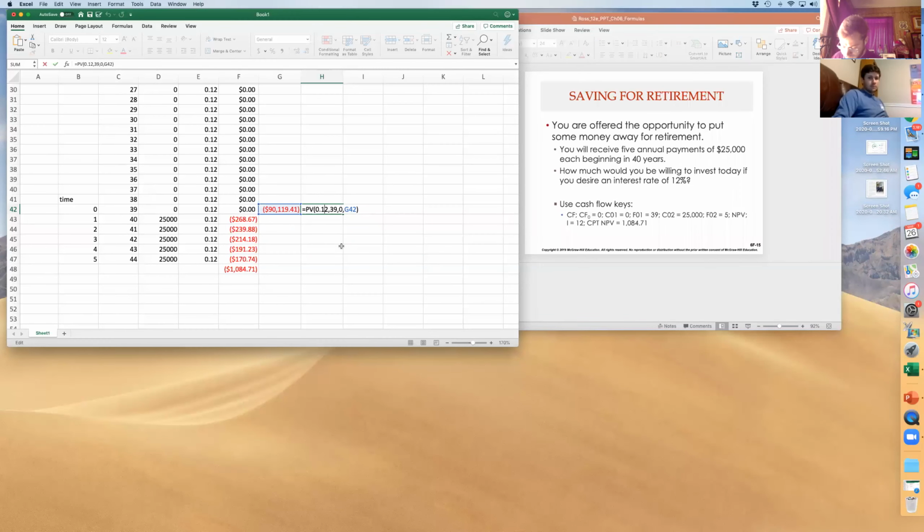So what I've done is basically taken 5 values that are on a timeline, and this is a very long timeline, but 5 values, I converted them into one value, 90,119.